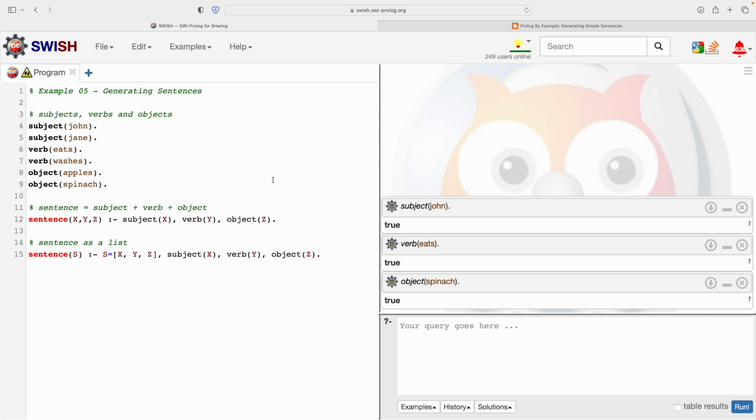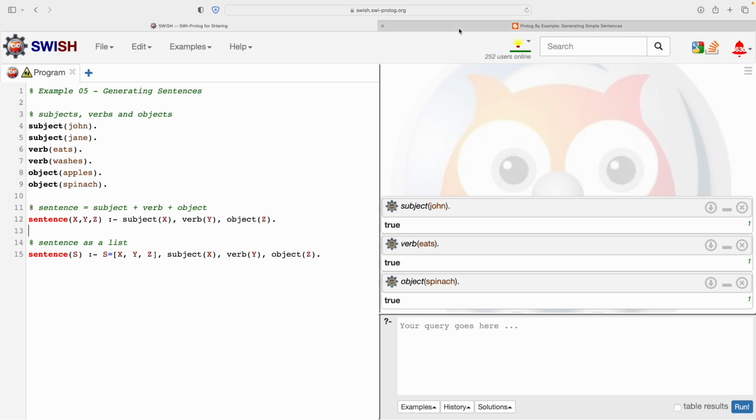And what this rule is saying is what we've just talked about: that a sentence is well formed from these parts X, Y, Z if the first thing, X, has the property subject, and that's the comma, Y has the property verb, and the thing Z has the property object.